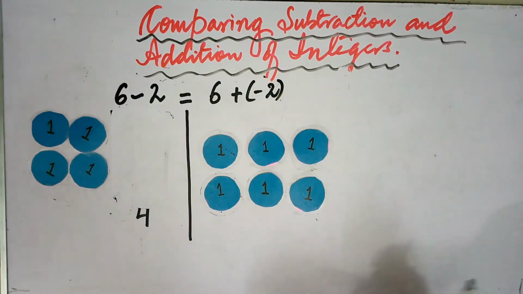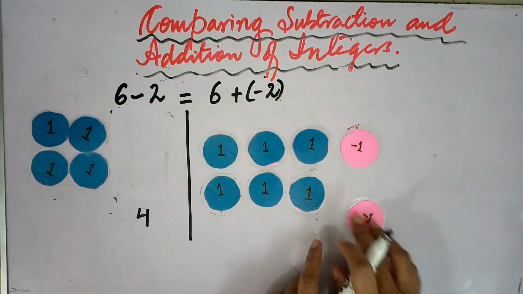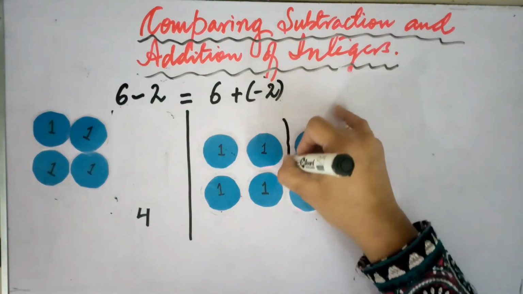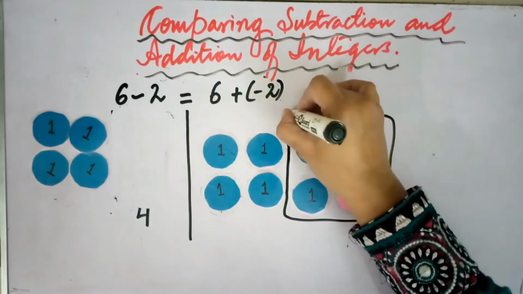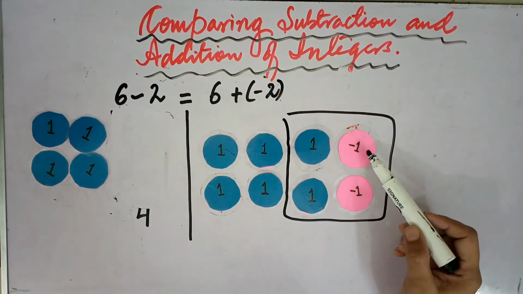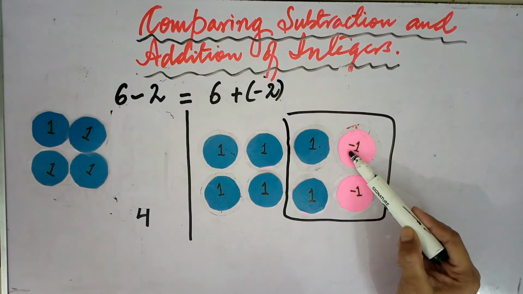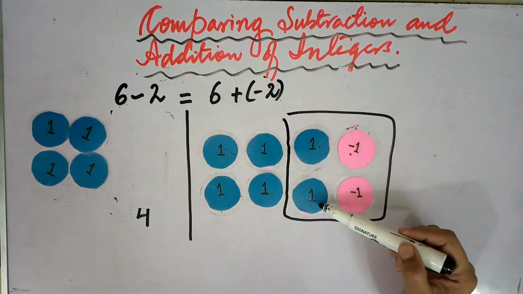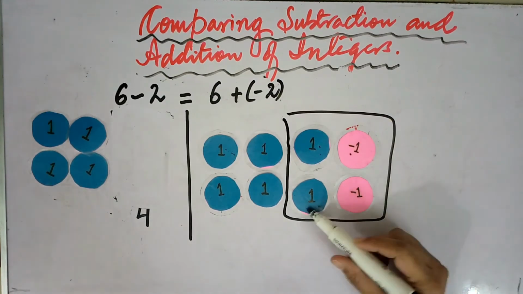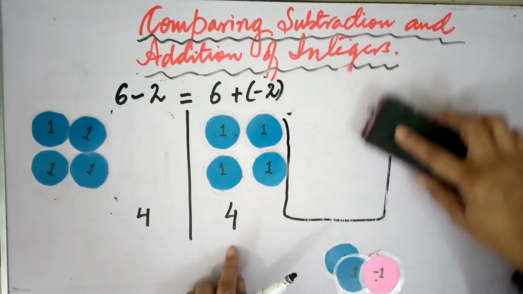I will put negative 2 here because we are adding, so I put them together with positive 6, and you can see that there are 2 zero pairs, which combine and simplify to 0. This and this combine and simplify to 0, and this one and this negative 1 make a zero pair also. They will cancel each other. So our answer is also 4 here.